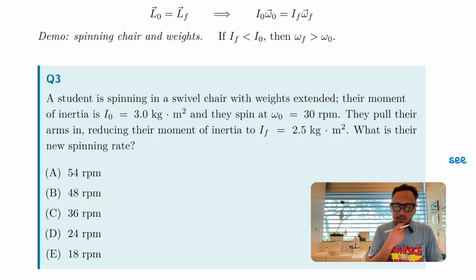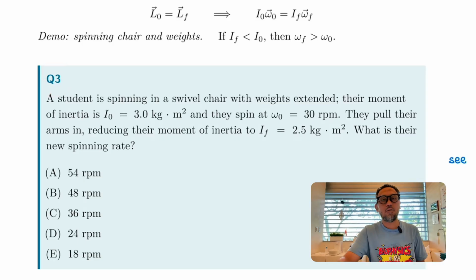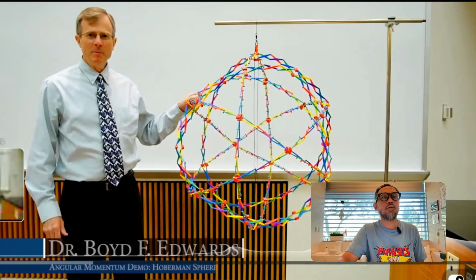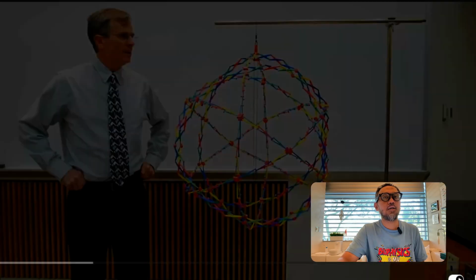All right. Before we do Q3, I promised in class earlier today that I would show you a video of an experiment with the Hoberman sphere. So let me switch to a different camera. Okay, let me start.